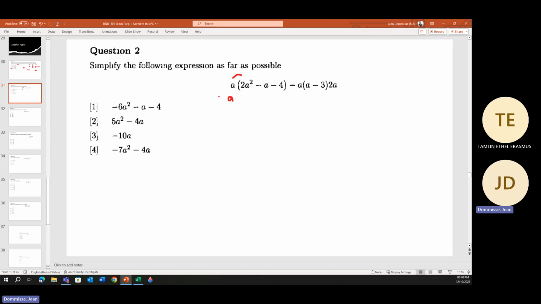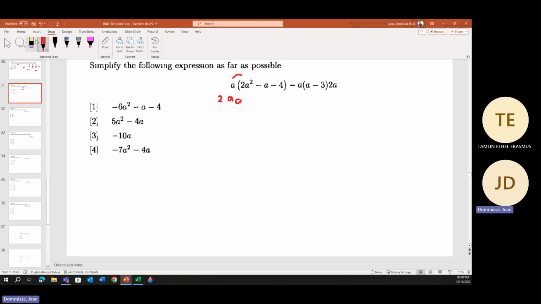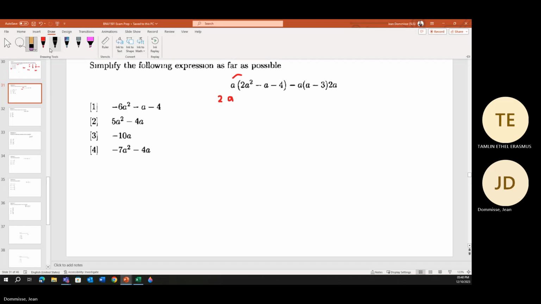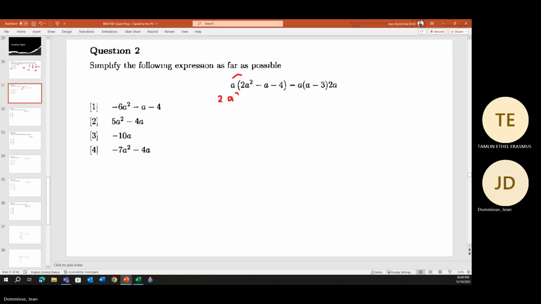So for the first term, that is 2a to the power of 3 minus a to the power of 2 minus 4a.